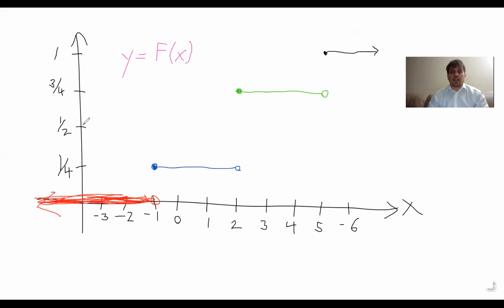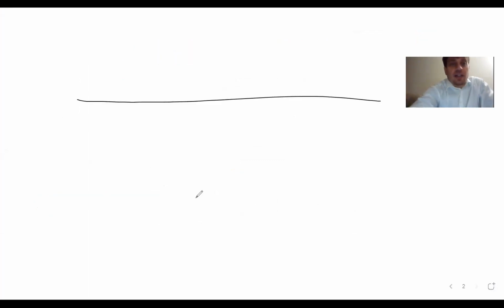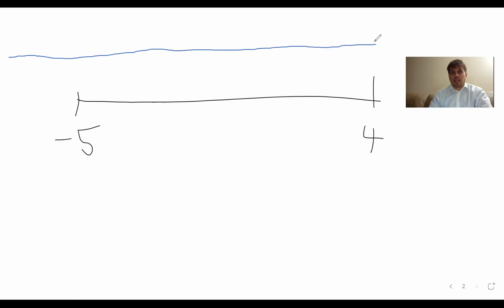Okay, so if you're looking at an interval from -5 to 4, you want to know the probability of it being in this interval. Well, if you think about the probability of it being at most 4, right? If you have the probability that x is at most 4, it's the probability of that blue set, right?